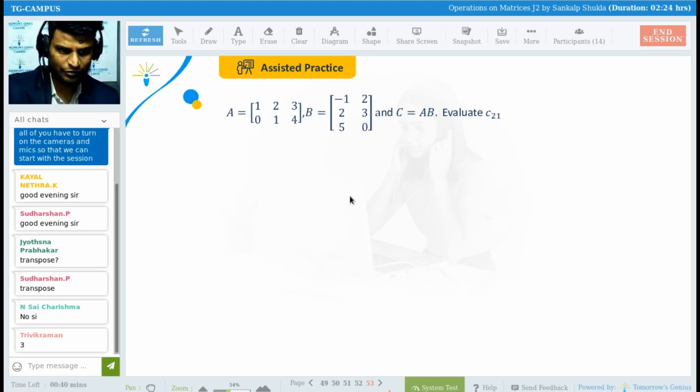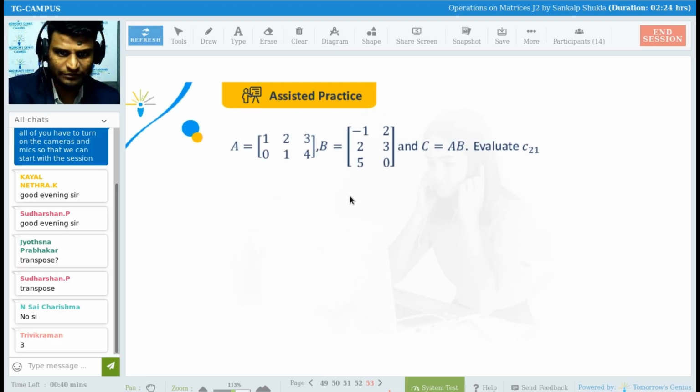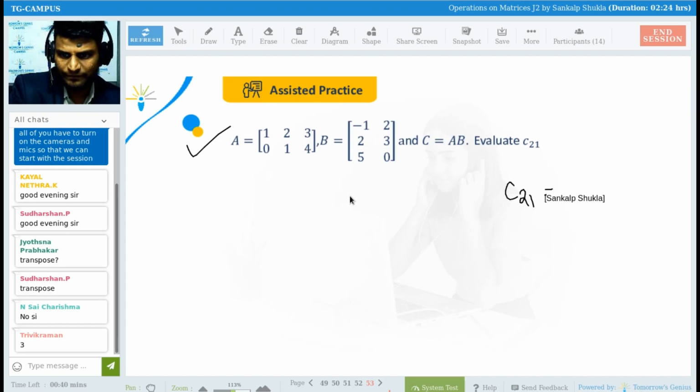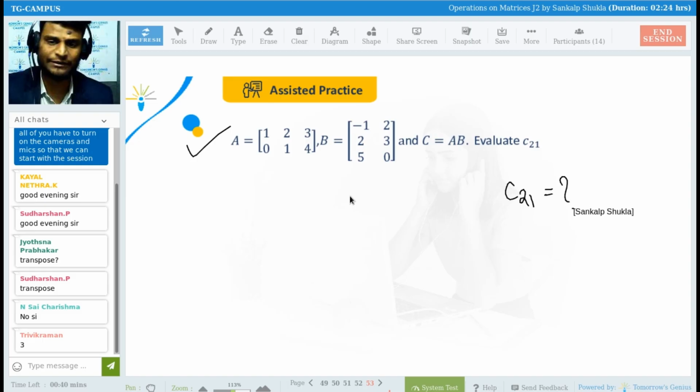Okay. So class, I am giving you this question. Just solve this one and let me know what is the value of C21. You have to find the value of C21 in this question. Everyone, do try this.